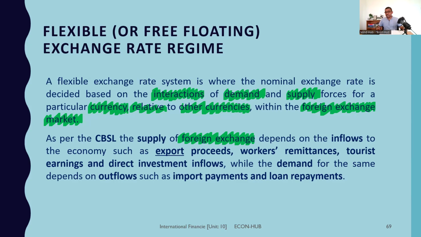Tourist earnings, and direct investment inflows. Those are the inflows. While the demand for foreign currency depends on outflows, mainly import payments, and loan repayments and things like that. Are we clear?